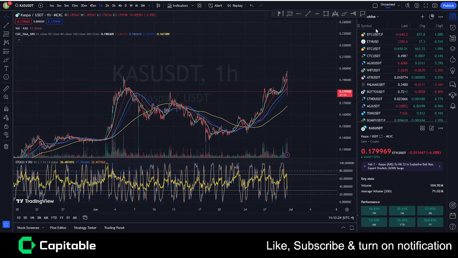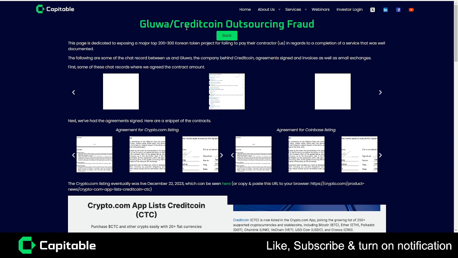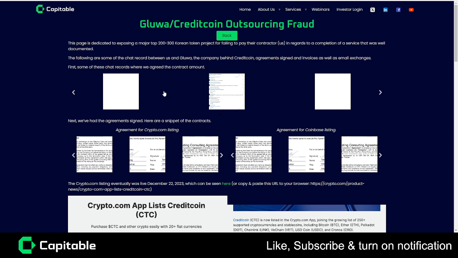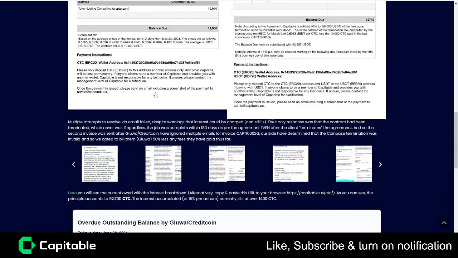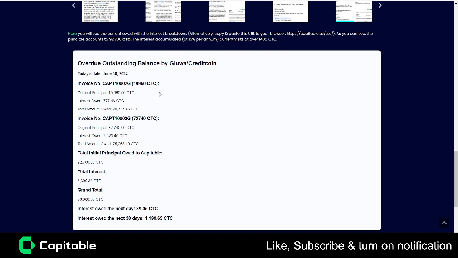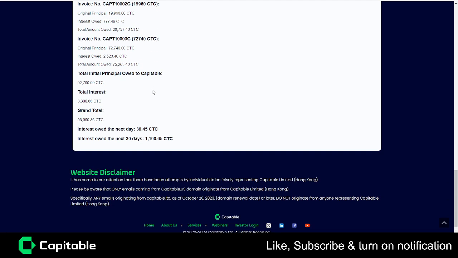All right, guys, that's it for today's technical analysis. I just wanted to get something across here. There's this coin that you should avoid trading, you should look into this. It's on our website at capital.us. You should just read it. I'm not going to talk too much about it, but they have pretty much breached contract. We're speaking to a lot of professionals and looking at ways. They still owe us 96,000 coins.